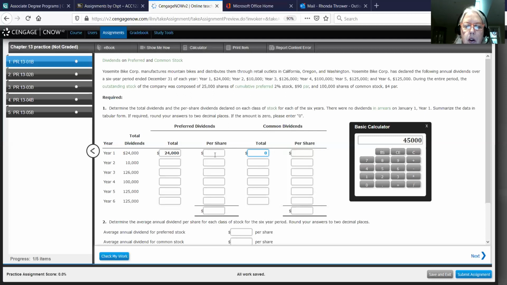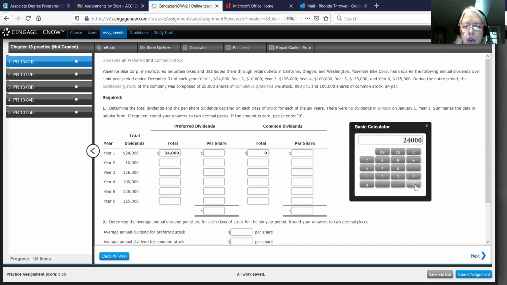The next thing that they're asking you for in this tabular column is to calculate the dividends per share that was paid to, in this case, the preferred stockholders, because they got all of the dividends. So we'll put in the total amount of the dividends that were paid to our preferred stockholders, which was $24,000.